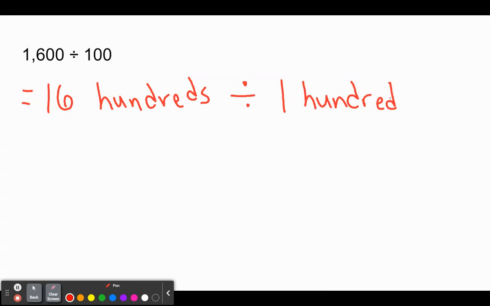If I were to take 1,600 and divide that into groups of 100, how many groups would I have? Well, that would give me 16. So 1,600 divided by 100, or 1,600 divided into groups of 100, would give me 16 groups, or 16. So 1,600 divided by 100 equals 16. That's another mental strategy we can use.